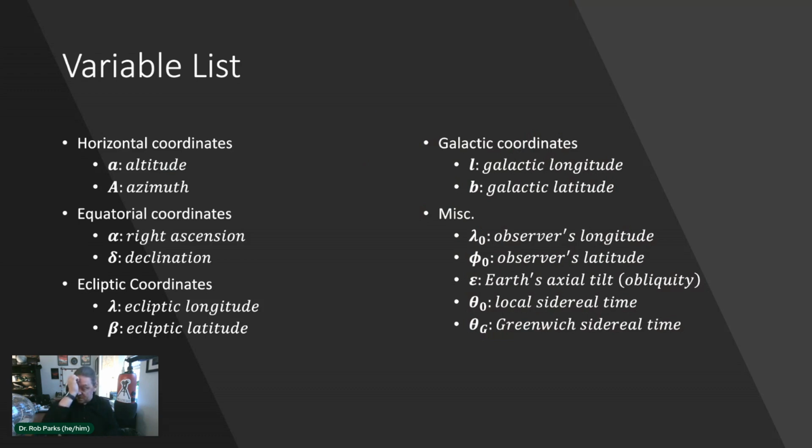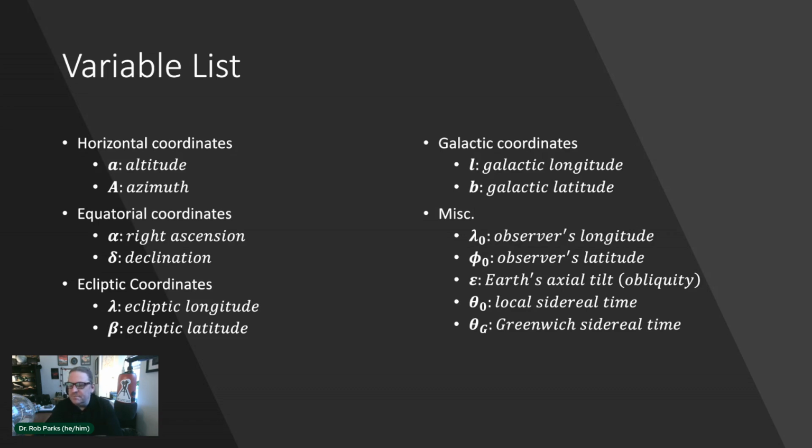This is a list of variables related to the horizontal, equatorial, ecliptic, and galactic longitudes. For example, when I talk about right ascension, that is designated as alpha. When I talk about declination, that is designated as delta.